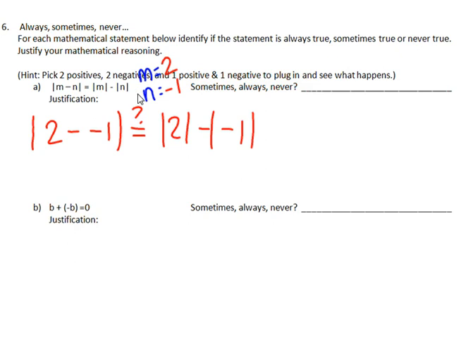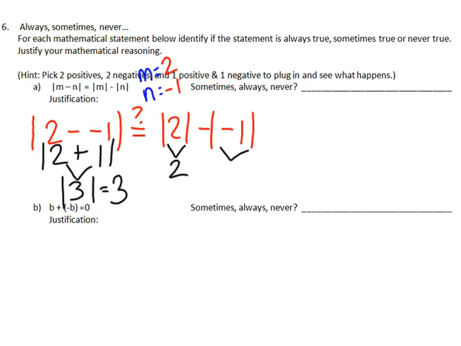So we'll still use keep, add, opposite, and the absolute value of 3 is 3. Okay, on this side we have absolute value of 2 is 2, absolute value of negative 1 is 1, and 2 minus 1 is 1. So these are not equal. So we had two examples that worked, one that didn't. So we would say sometimes.